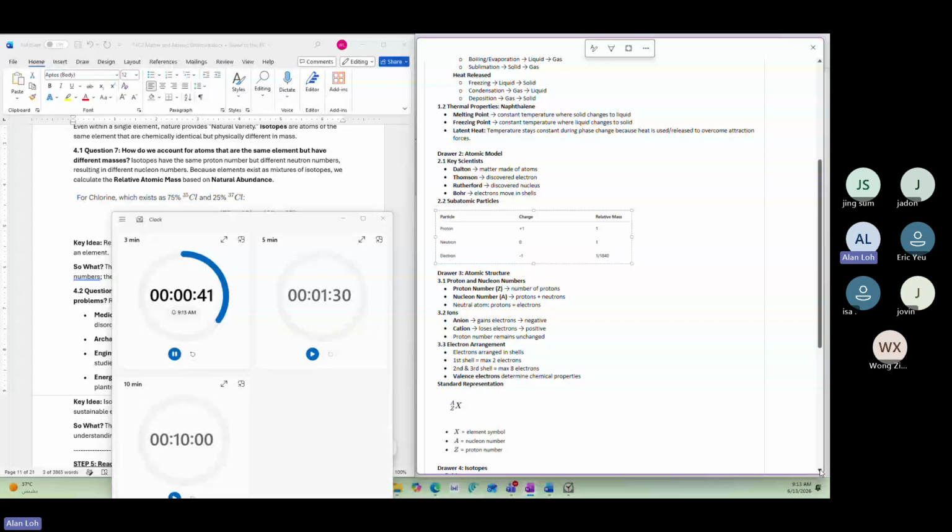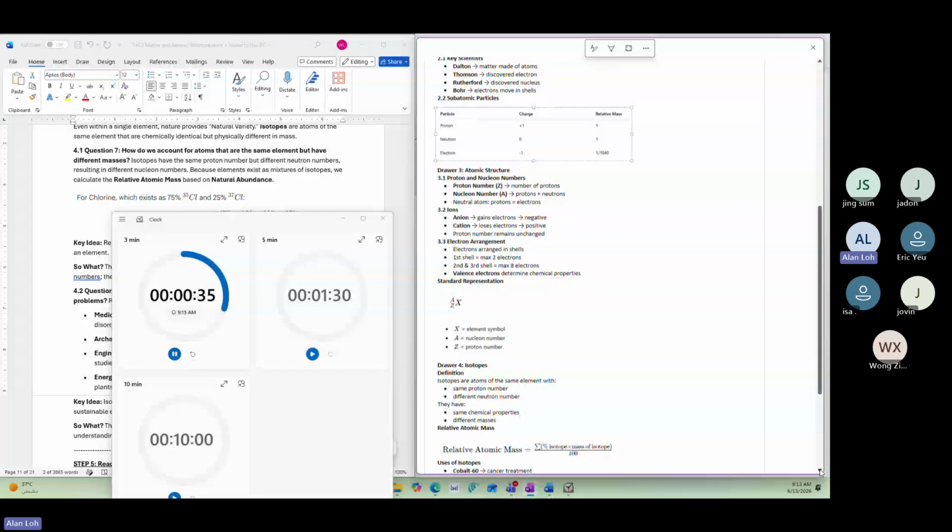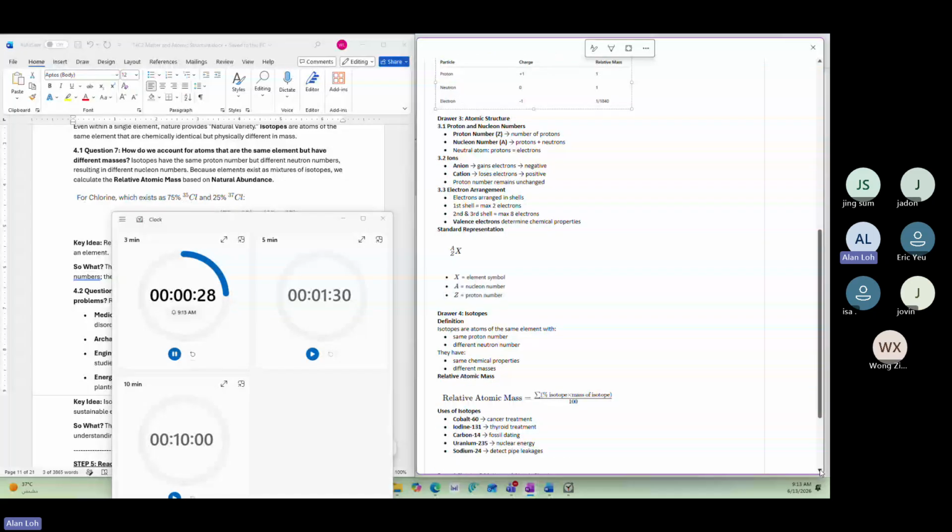Okay, you should be in drawer 3 or 4 by now. You should feel that you understand more compared to 30 minutes ago. Ten more seconds. Understand more doesn't mean that you are expert, because we are still in step 4. Right? Let's move to step 5.